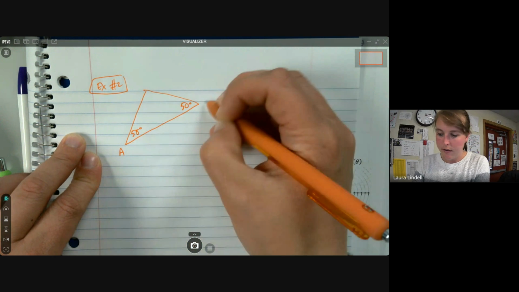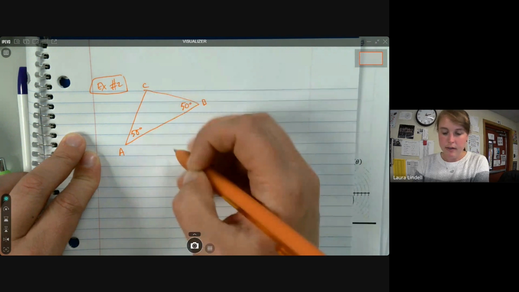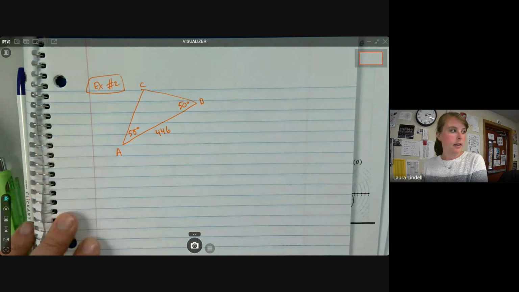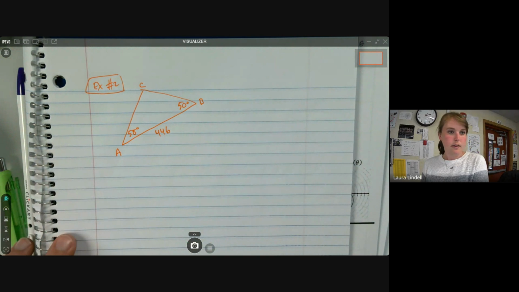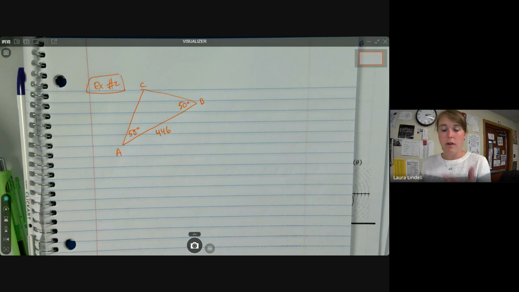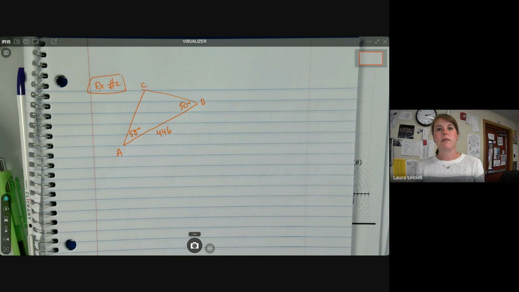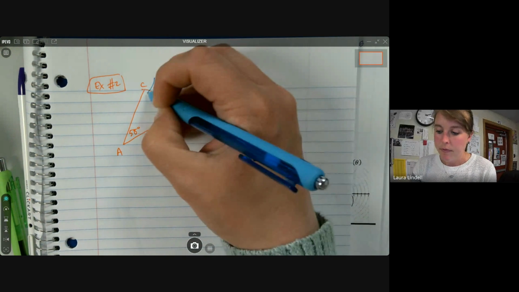This is A, B, C. This is 446 for the side length. And we're going to solve for all the missing information. So the first thing that we want to notice is that we have the angle side angle case, which tells us that we're going to use the law of sines. So that's step 1. Step 2, solve for the missing angle.